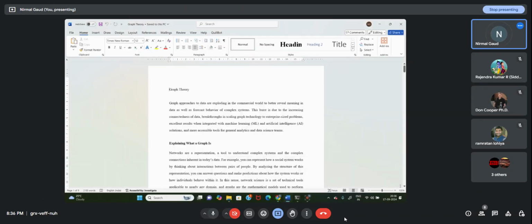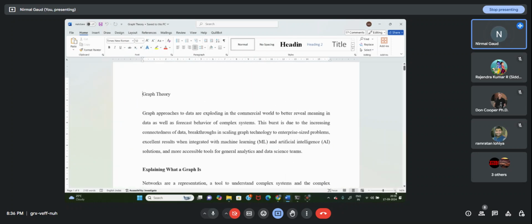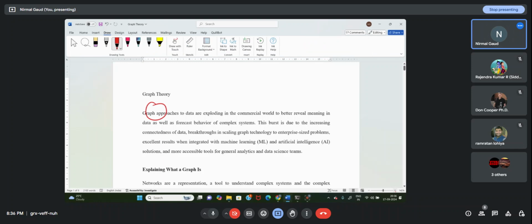So the graph approach to data is used in the commercial world, and it talks about the behavior of complex systems in an easy way.